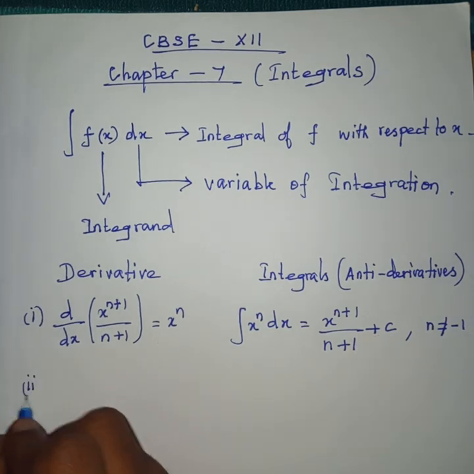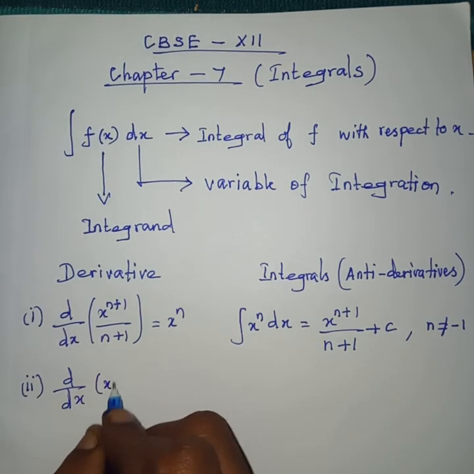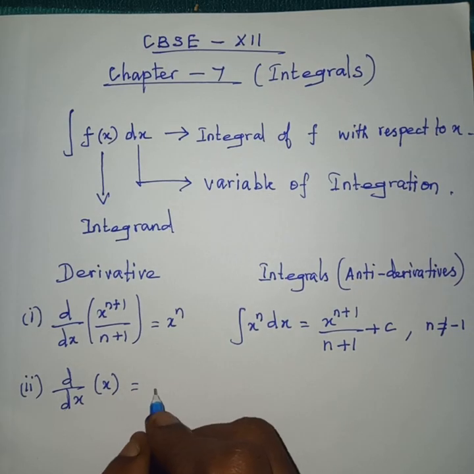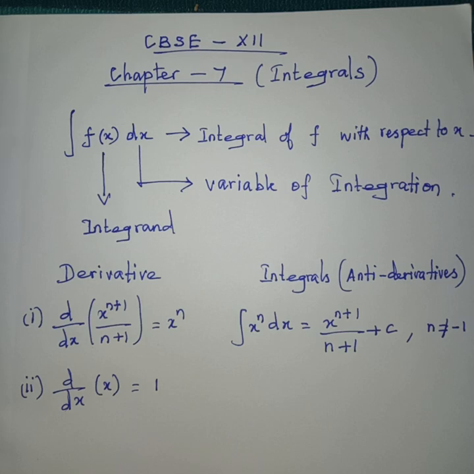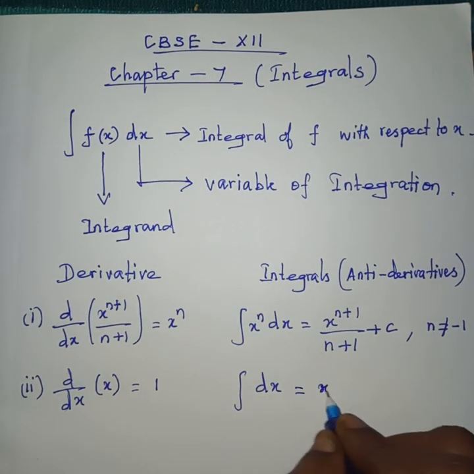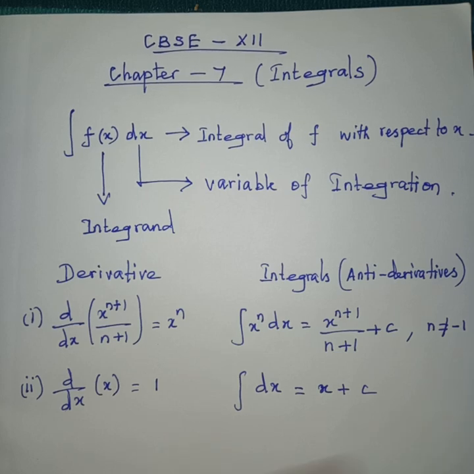Next formula: d by dx of x. If we differentiate x with respect to x, this becomes the constant 1. In the same way, the integral of dx becomes x plus c. Every time we have to put this arbitrary constant for every formula.